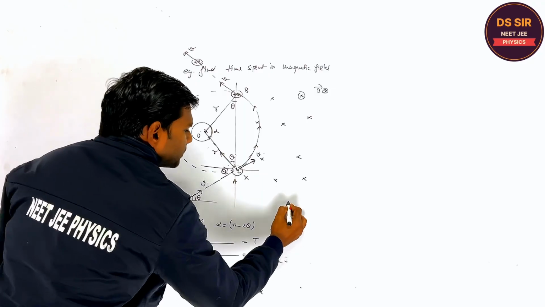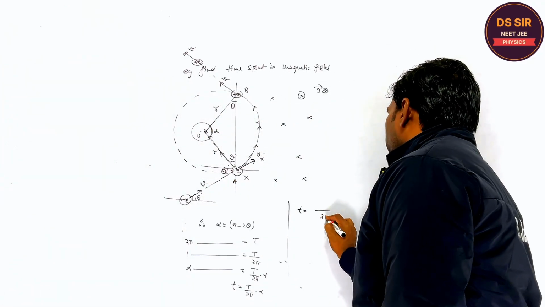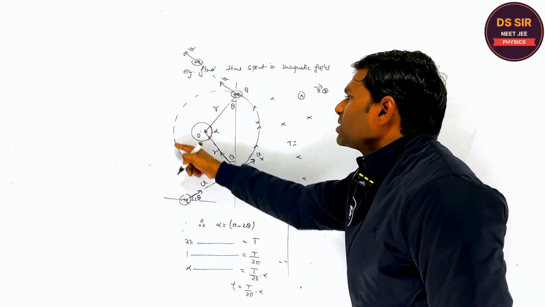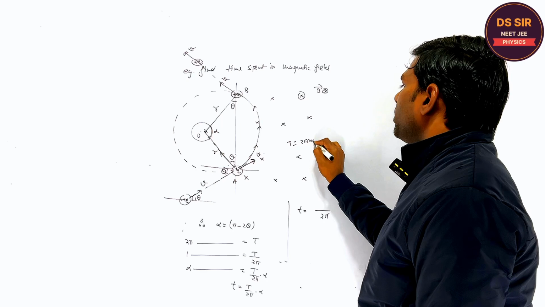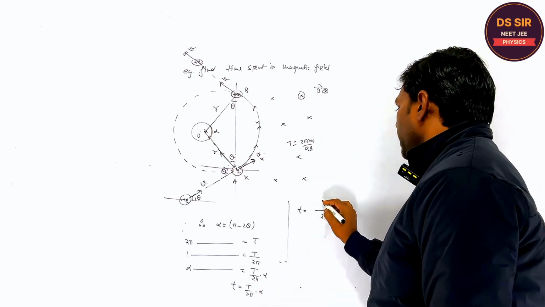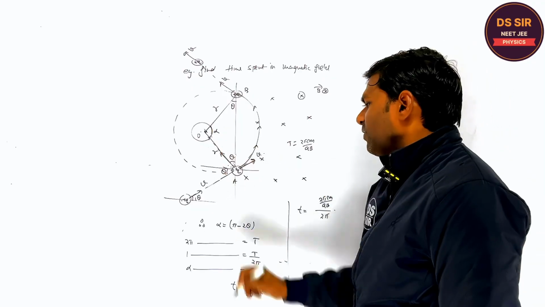And what is T? Total time for the complete circle is what? 2 pi m upon qB. So it is 2 pi m upon qB, divided by 2 pi, into alpha. And what is the angle alpha?